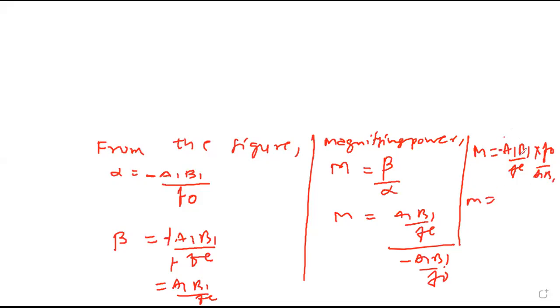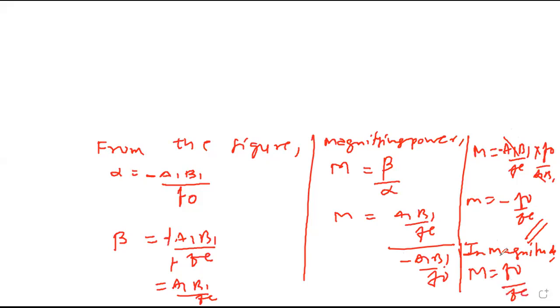So this A1 B1 cancels, minus FO upon FE. Right. Minus indicates final image is inverted. That's it. So in magnitude, magnifying power is ratio of FO to FE. Copy till this.